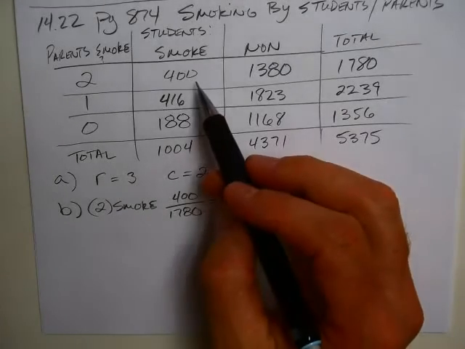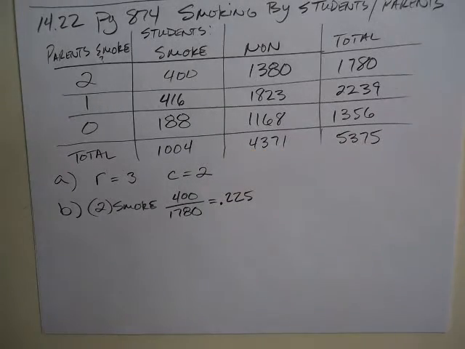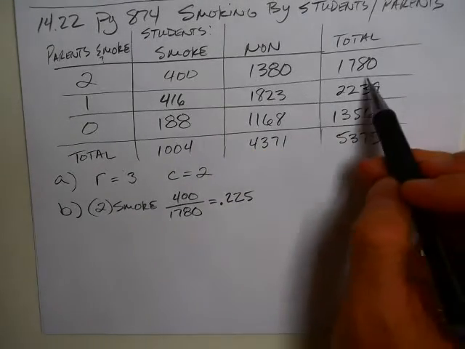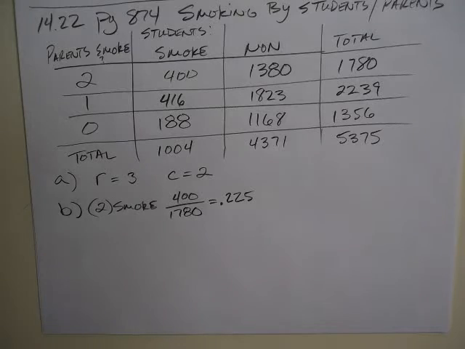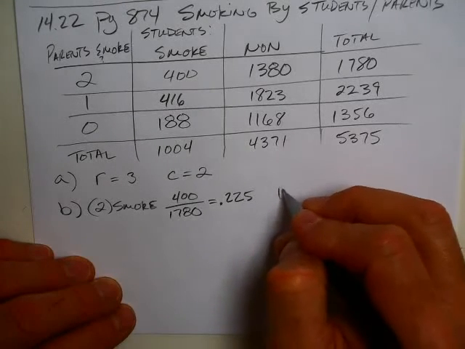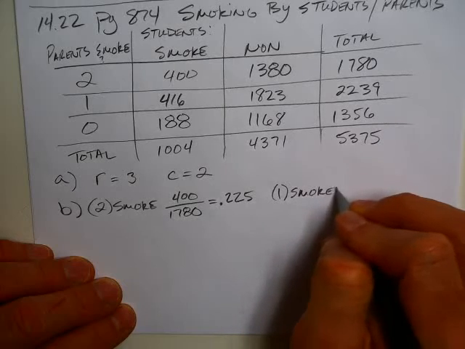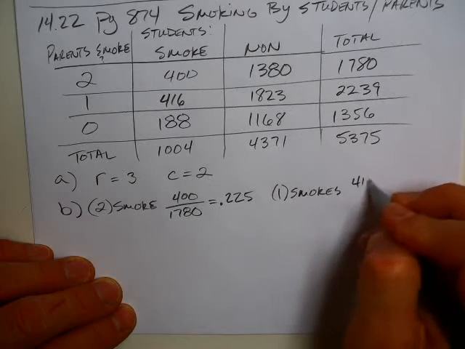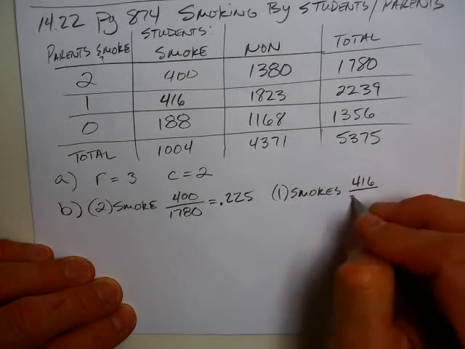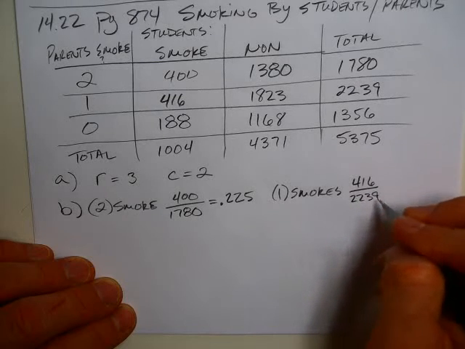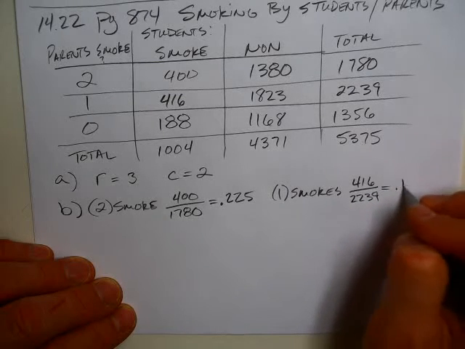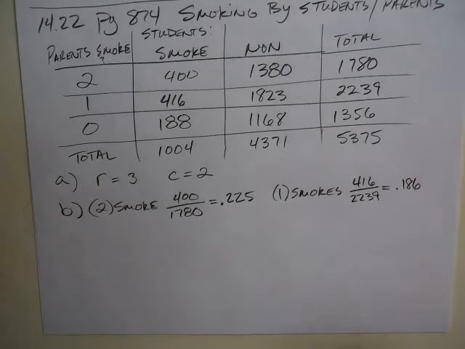So this is representative of about 22% or 23% of the total in that category. 1 parent smokes is 416 out of 2239, or about 18.5% of that group are smokers.